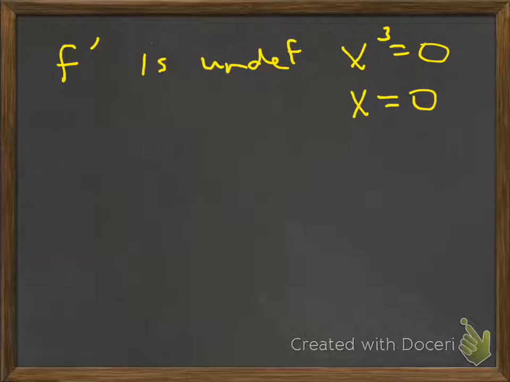Now from here, we're going to take those values and divide the domain of the function into subintervals on which we're going to test values of the derivative, to see if the derivative changes sign from positive to negative or negative to positive around those values. So negative infinity to negative 5.